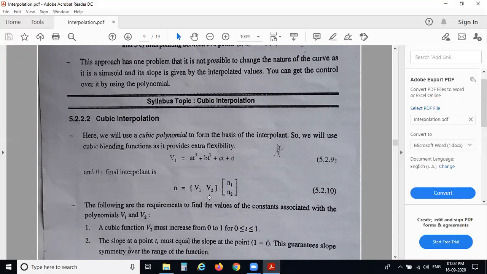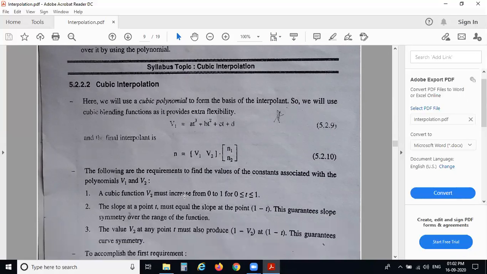We write this in the matrix form of the cubic interpolation. The following are the requirements to find the values of the constants associated with the polynomials v1 and v2. A cubic function v2 must increase from 0 to 1 for t greater than or equal to 0 and less than or equal to 1.